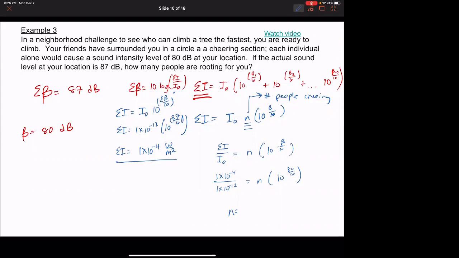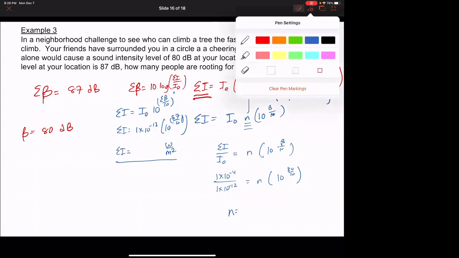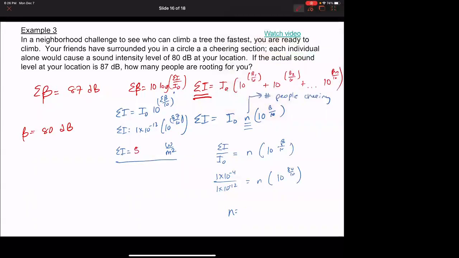This number's not right. I really screwed that number up. Couldn't we just divide the power of the 87 decibels by the power of the 80? This number is wrong. This number is 5.01 times 10 to the 8th. Not to the 8th. 5.01 times 10 to the minus 4th.